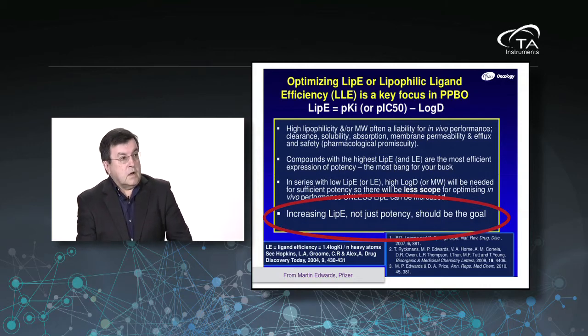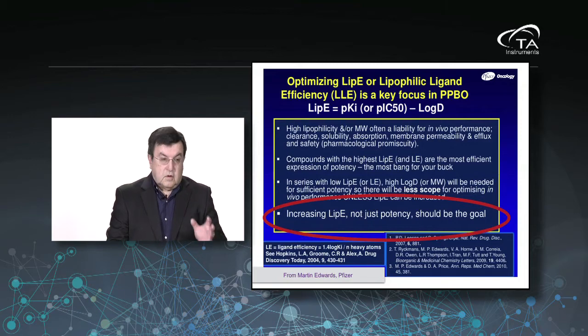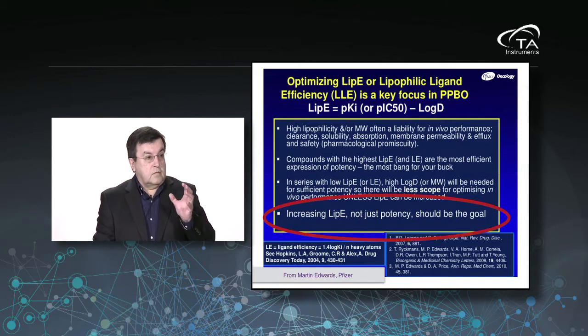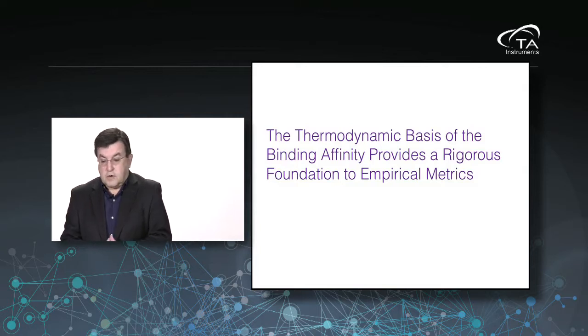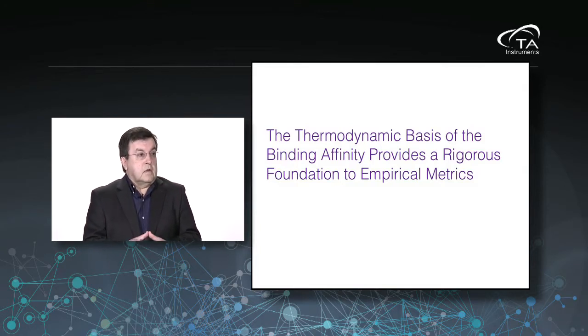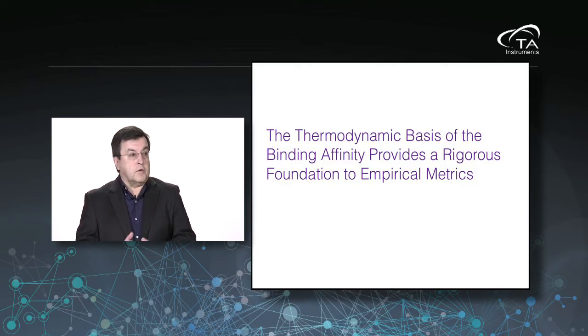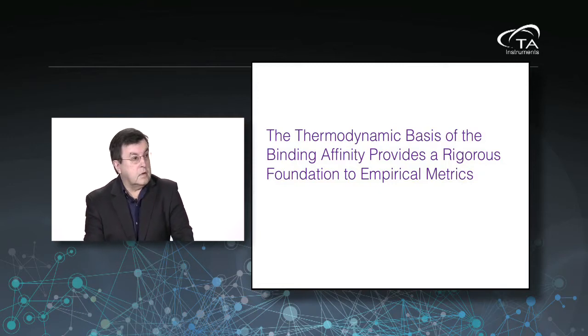So how can we achieve all those goals in an efficient, rational way if we have a compound that we want to optimize? Now, for that, we studied the thermodynamics of binding and analyzed how the different thermodynamic parameters provide a rigorous foundation to all these empirical metrics that have been developed.